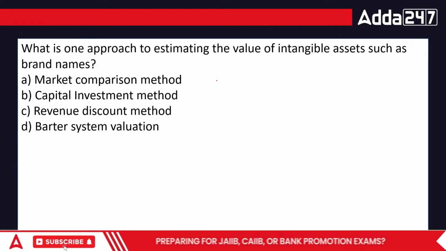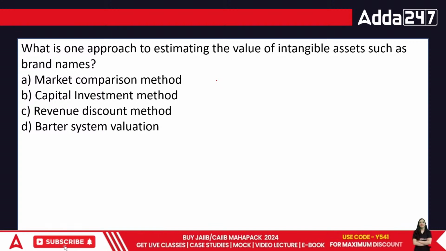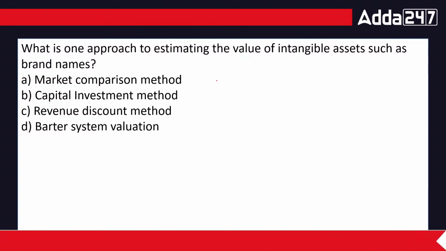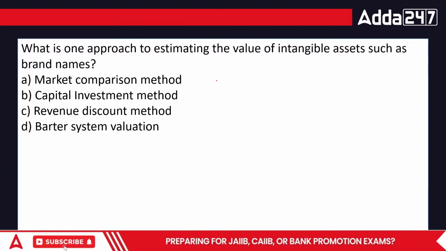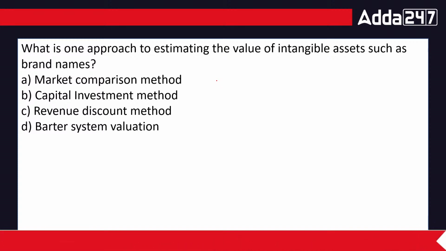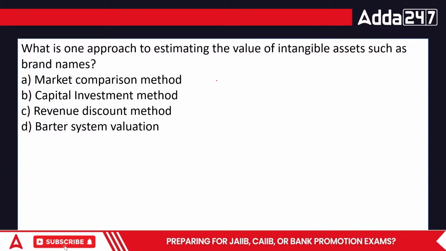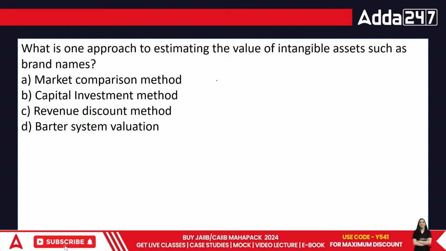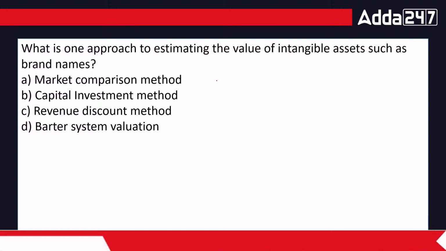Next point, what is one approach to estimate the value of intangible assets such as brand name? It is not only brand name, trademark and copyright are all covered in this. Market comparison, capital investment, revenue discount, or barter system. What's going to be the answer?